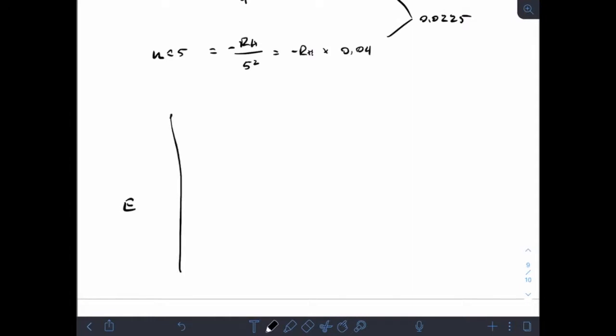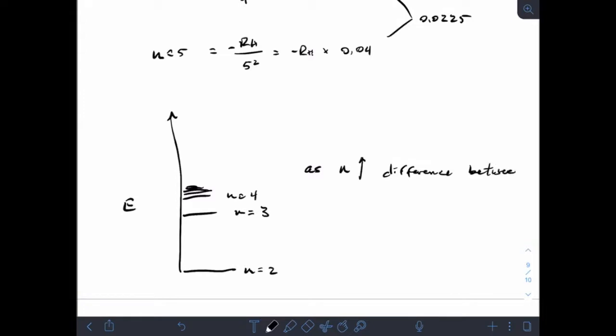So if I'm looking at a scale, energy being higher at the top, so let's say here is n equals 2, let's say here is n equals 3, then n equals 4 is somewhere around there, and then 5, and then 6, and then 7, and so as the n value goes up, the difference between energy levels gets smaller.